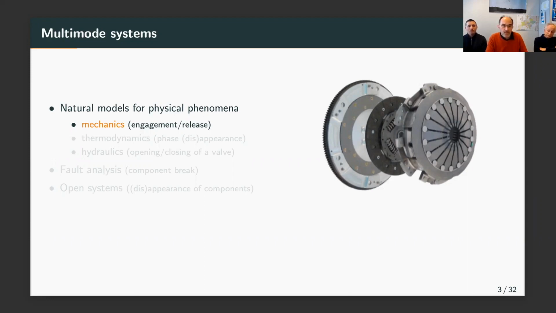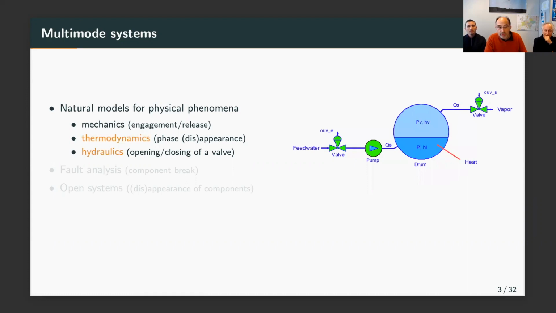So you naturally find multimode or switched systems when you are modeling some mechanical phenomena, for instance Coulomb friction. Multimode models naturally arise when you model dry friction in multi-body mechanical systems.